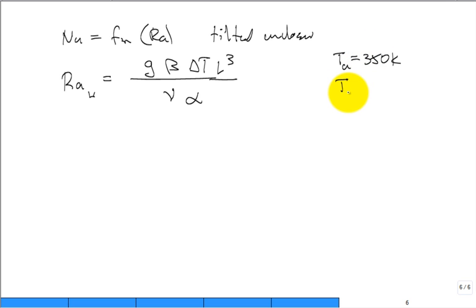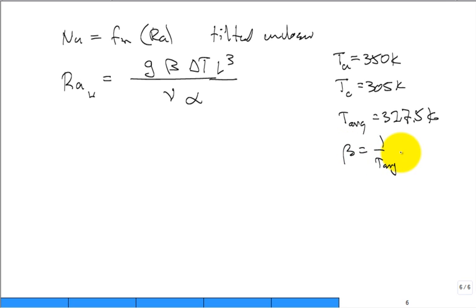The temperature of the cooler cover is 305 Kelvin. So you calculate the average temperature of 327.5 Kelvin. You can get then the beta, 1 over T average. So we get this property.